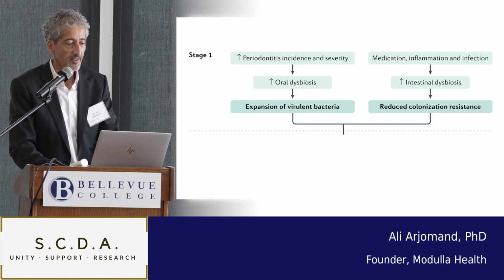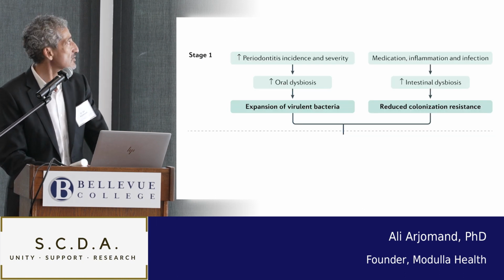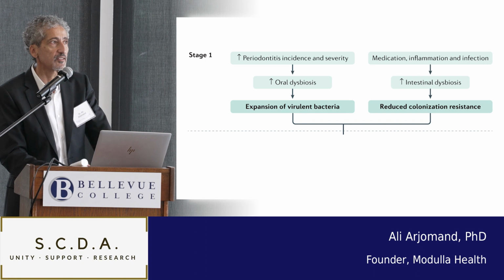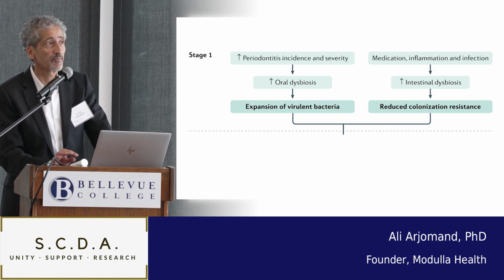We'll talk about that. So just to summarize this, at the very first stage, there's dental or oral cavity disease, which causes oral dysbiosis. This is the oral microbes kind of going out of whack. And then you get increased diversity in the oral cavity.